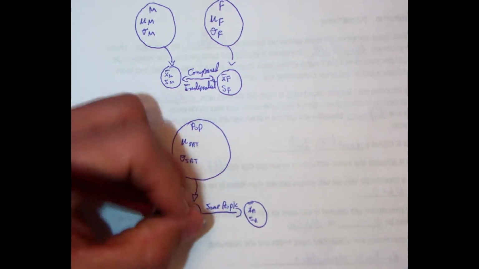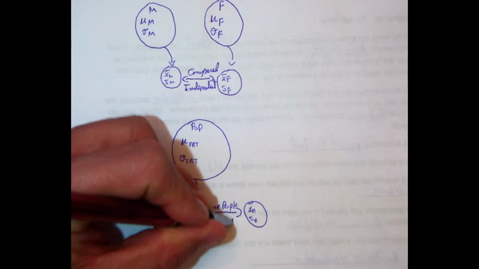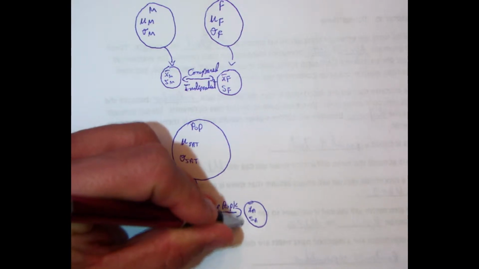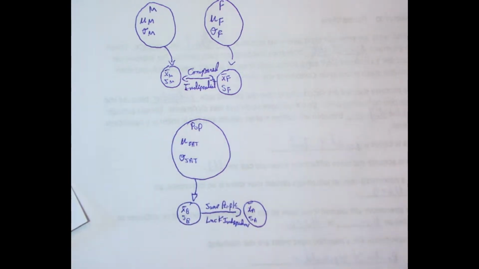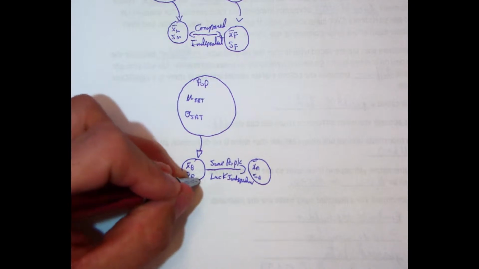Now, the problem is we can't compare X bar sub B to X bar sub A. These lack independence, so we can't do a two-sample t-test. So we have to say, okay, you're the same people, so we're going to treat this as a one-sample t-test, and here's what we're going to do.